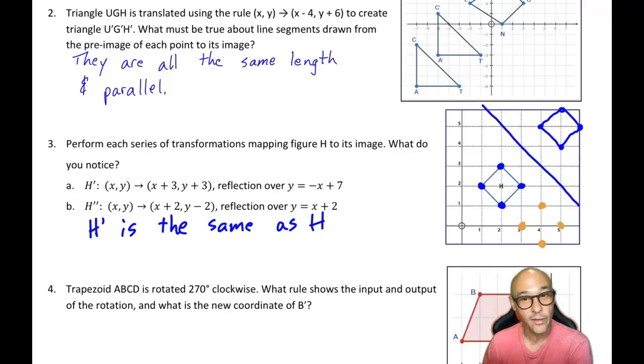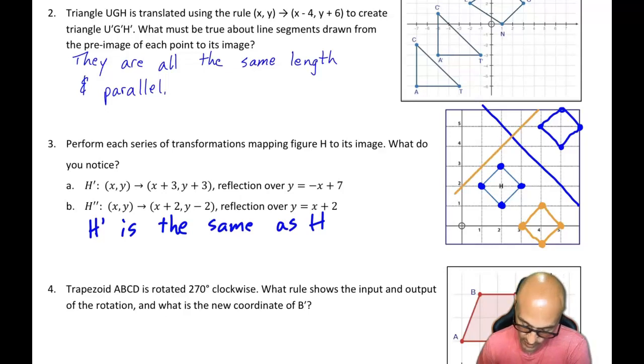That's an important thing for you to see. And now we're going to reflect across the line y equals x plus 2. So y equals x plus 2 is this line right here.